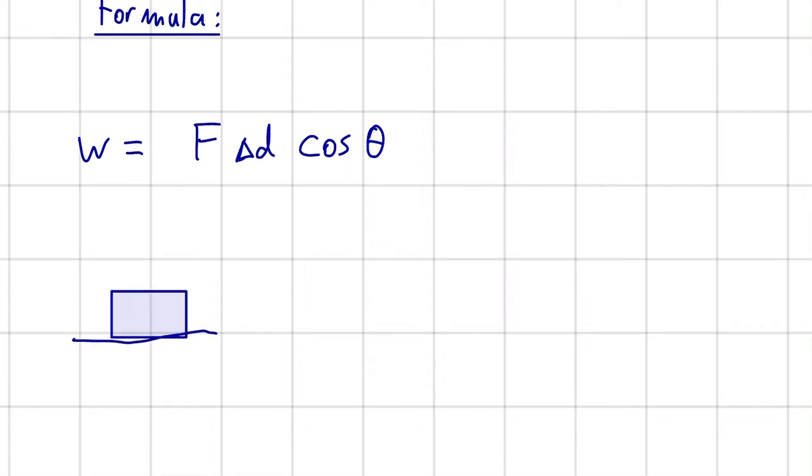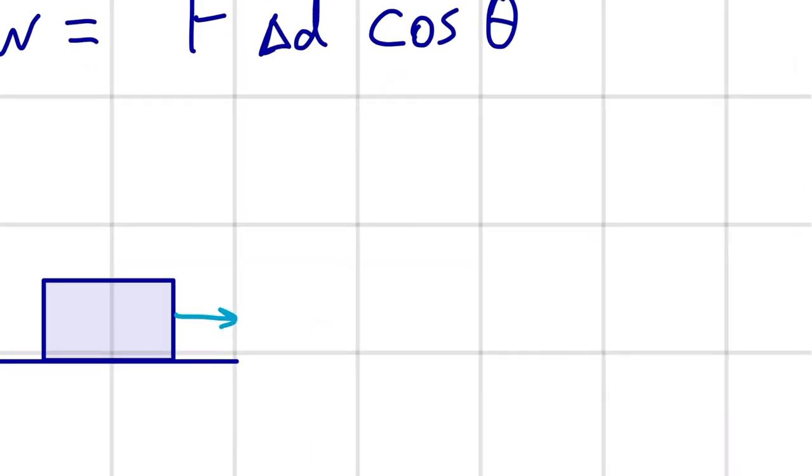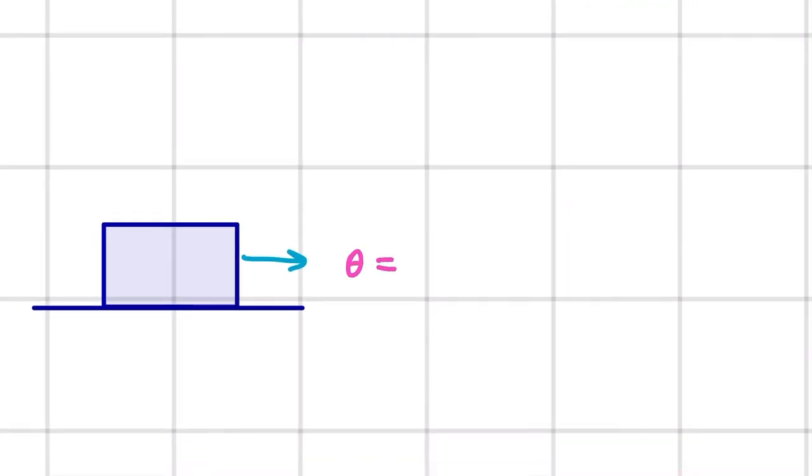So just looking at this formula for a minute, if we have a block on the ground, and our force, remember what I said holds true, whether your force is a tension, pulling it, or pushing it, it's going to result in the exact same movement. So for the purpose of this diagram, I'm just going to show it as a pulling force. And here we have the force being pulled, and we have a little angle there, but theta is actually 0 degrees.